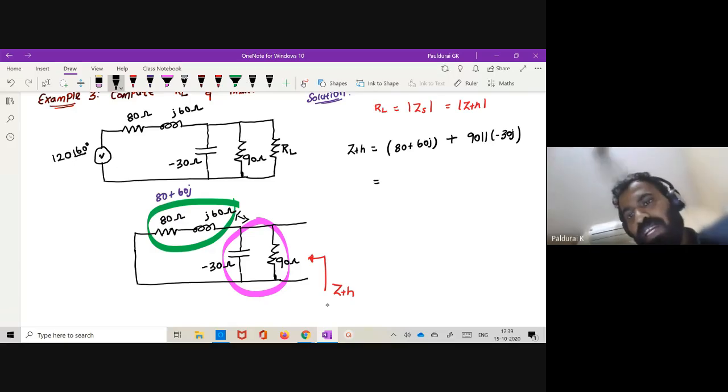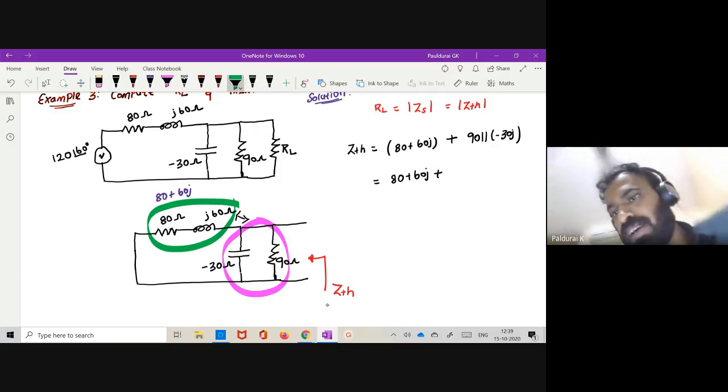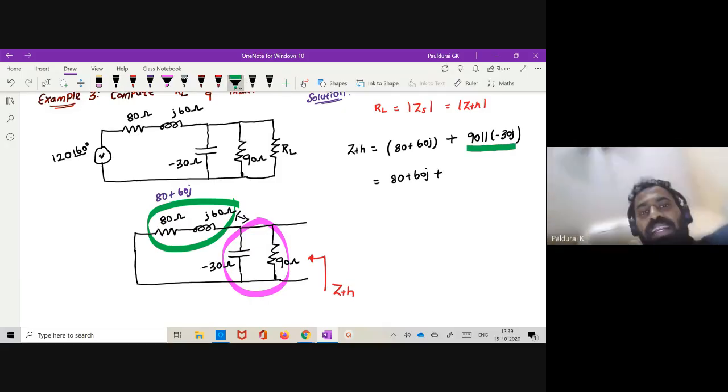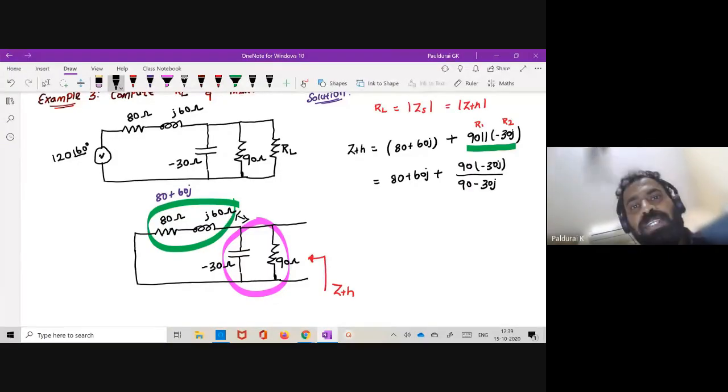So how will you calculate this? 80 plus 60J plus, first calculate this parallel combination, 90 and minus 30J. This is my R1, this is my R2, and you know the formula R1 R2 divided by R1 plus R2, where R1 is 90 and R2 is minus 30J. Simple substitution. Just type this expression in your calculator. It will give you the answer.